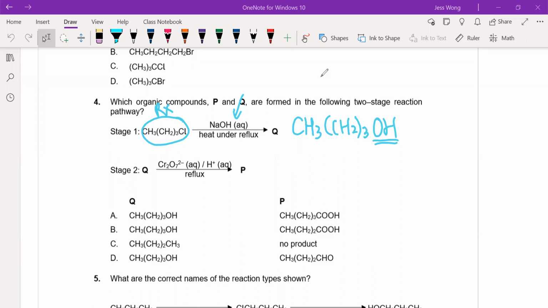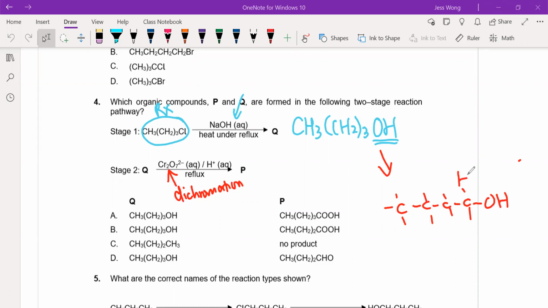And how do you know it's oxidation? You look at this. This is a dichromate. Dichromate is an oxidizing agent. So in order to predict the product of an oxidation reaction, we need to classify the alcohol. If you sketch this alcohol, you'll find that you end up with a primary alcohol, where you have 2 H's and 1 R group.